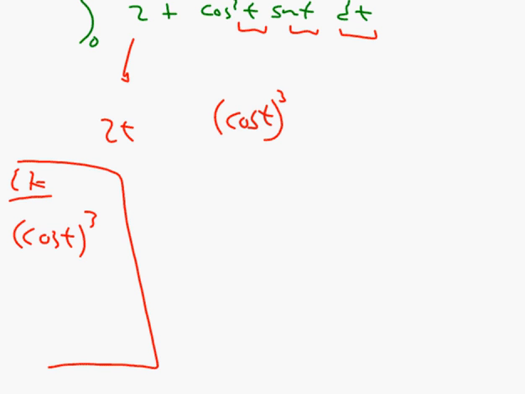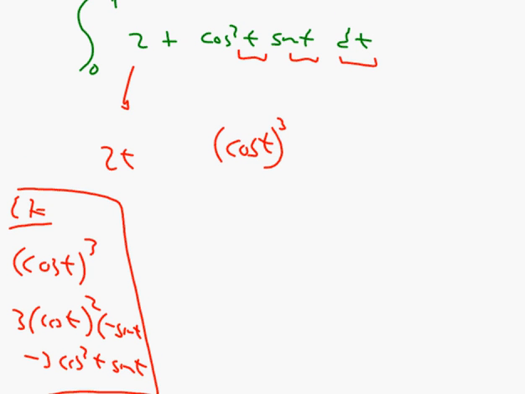The derivative of that would be 3 cosine of t squared times negative sine of t, or negative 3 cosine squared t sine t. So you know that this expression we have, right here, is not really the antiderivative of that, because the coefficient's wrong.